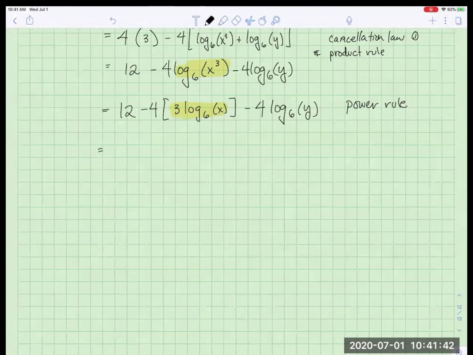And we have 12 minus 12 log base 6 of x minus 4 log base 6 of y. And that's it. That's the expanded form here.